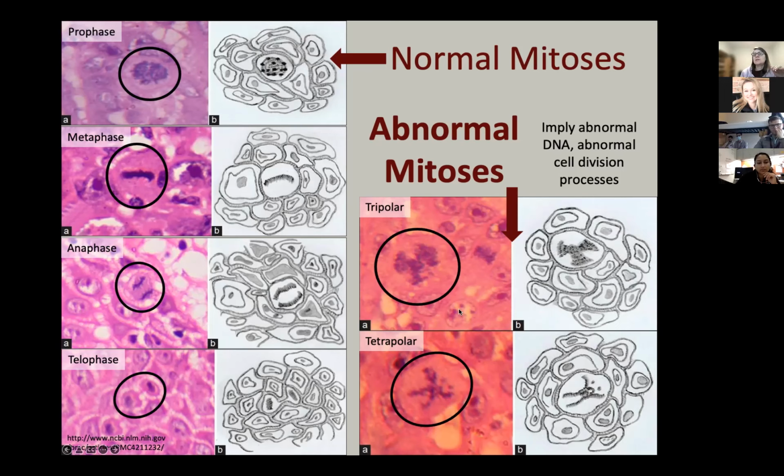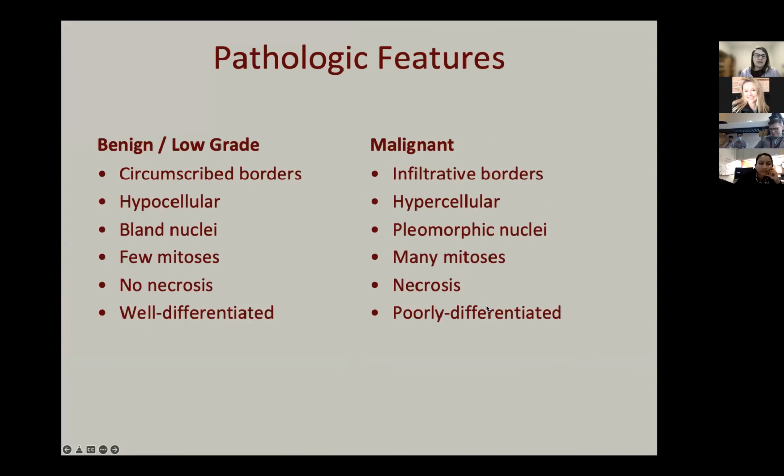However, once you start seeing something that is morphologically abnormal, like a tri or a tetrapolar, this kind of implies that the DNA is no longer stable. There may be 3 copies, 4 copies of the chromosomes. This implies abnormal DNA, again, an abnormal cell division. So this is essentially more diagnostic of malignancy specifically, right? Rather than just a proliferative state. Okay, because you shouldn't have tetraploidy in a benign neoplasm.